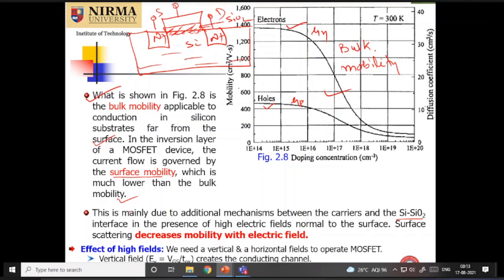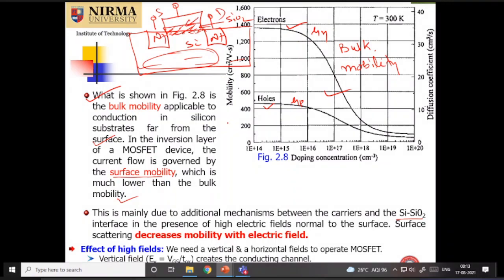In the interface, you will have imperfection in the covalent bond. You have in this bulk material perfect covalent bonds, whereas in this you have the silicon dioxide. So covalent bond imperfections are found here, defects are there.